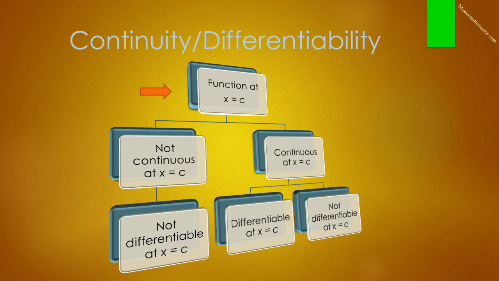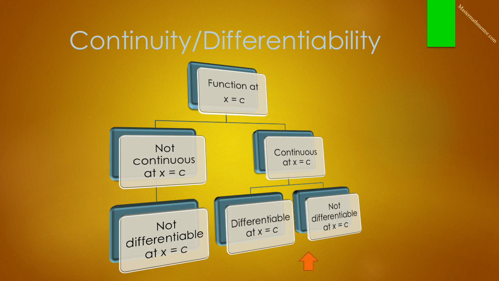Here is the procedure to determine whether a function is differentiable at x equals c. You will use your limit procedures to check continuity at x equals c. Your results will either be that the function is not continuous or continuous. If the function is not continuous at x equals c, then it's not differentiable at x equals c, and you can stop.